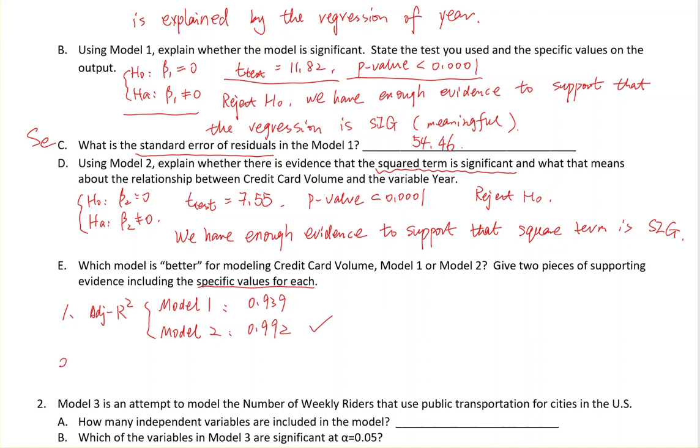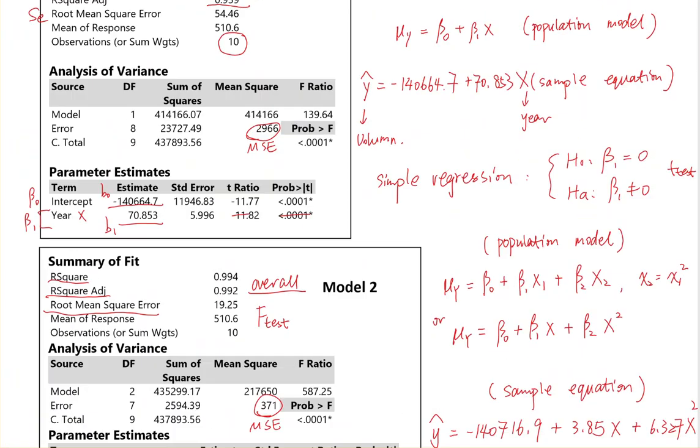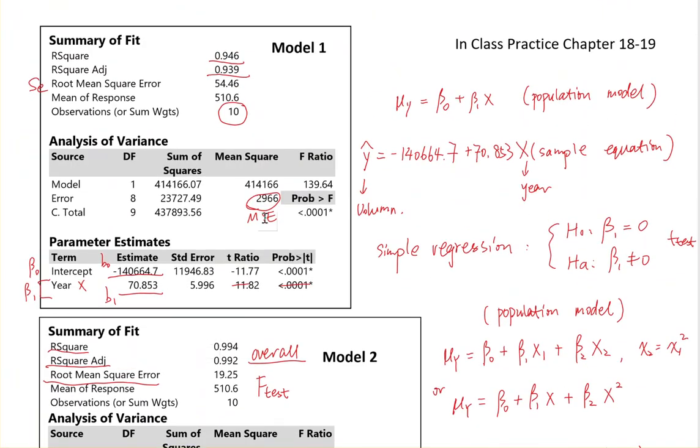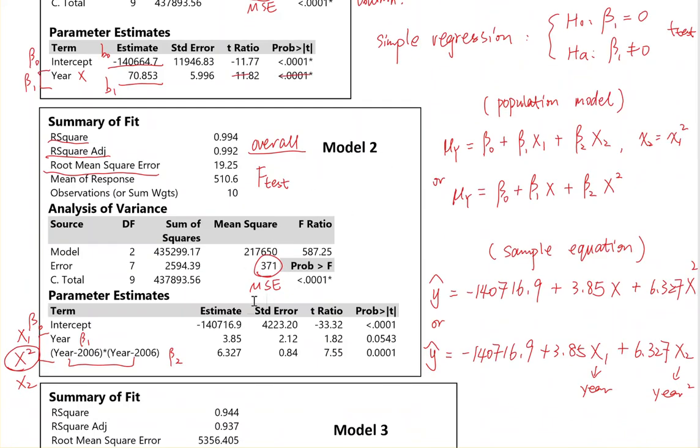All right, and then the second one means when we have larger adjusted R-square, we also want smaller MSE, right? So the second evidence will be MSE. We want the MSE to be as small as possible. So what is the MSE for Model 1? 2966, right? What is MSE for Model 2, which is 371, right?